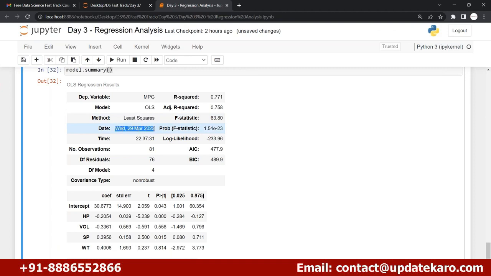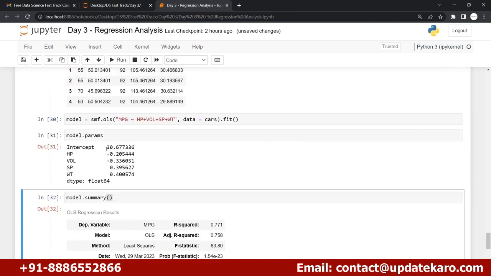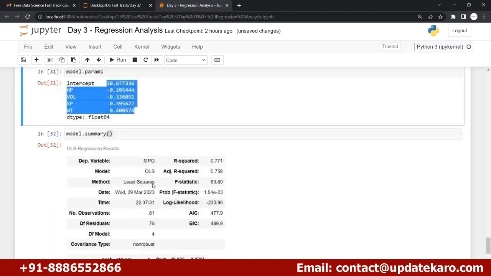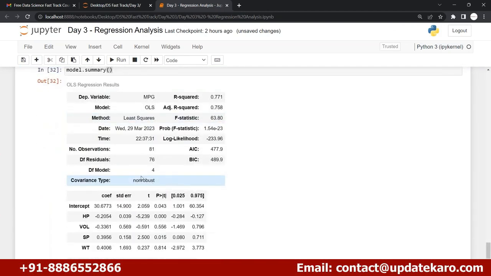When we executed my model, at this date and time, how many observations are there? 81 observations. Degrees of freedom for the residual, which is nothing but degrees of freedom for the error. Degrees of freedom for the model is 4 here, because you just created 5 parameters, and total parameters minus one is your degrees of freedom for the model.